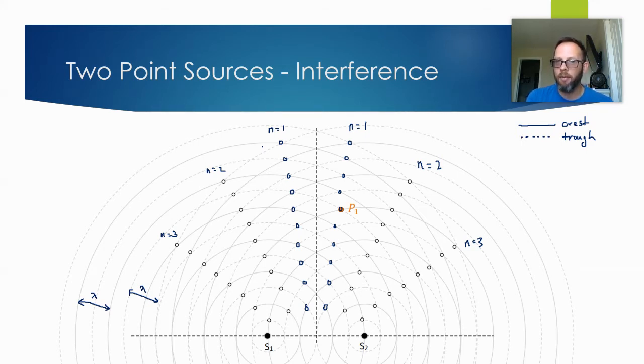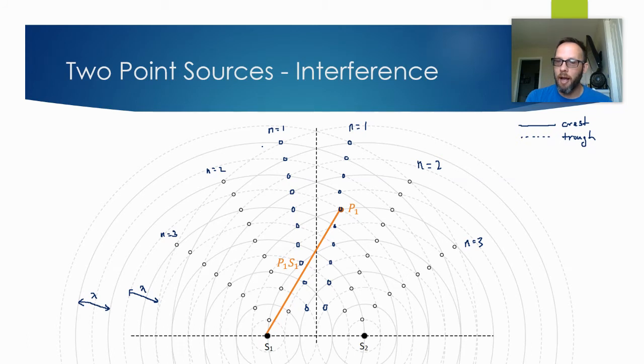And we want to ask ourselves, what can I say about the difference between the time it takes a wave to get from S1 to P1 or from S2 to P1? So I have a line here, and you should maybe even use a ruler when you do it, just to get a really nice, clean diagram. The length of that line, the distance that wave travels from source 1 to P1, we're going to call P1S1.